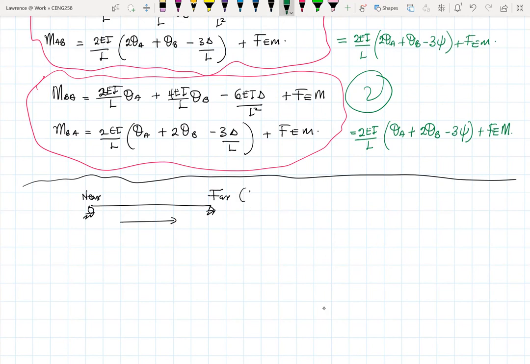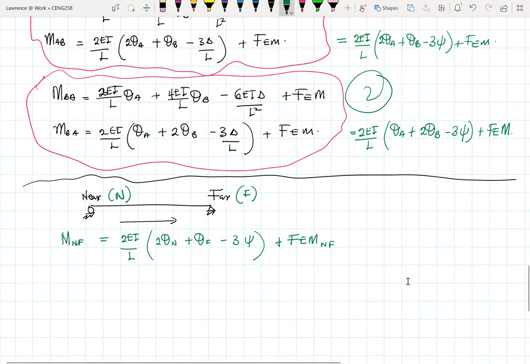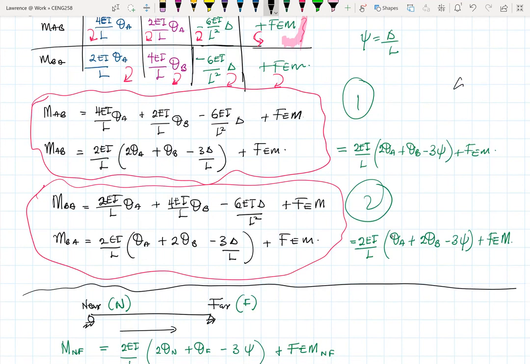Let me represent far with, I'm just replacing A and B with that information. That simply means that the moment of near and far is equal to 2EI over L times the terms in near and far, plus the fixed end moment of near and far. Let me go back quickly and do a quick correction over here on the fixed end moments.